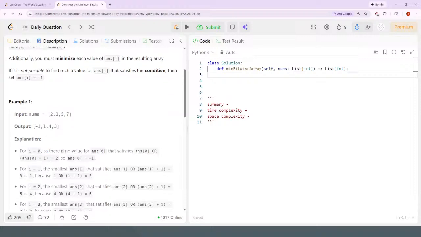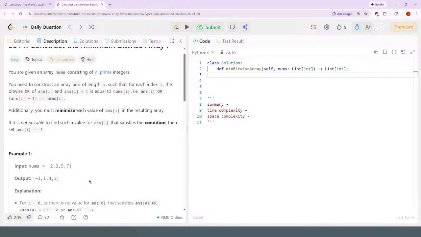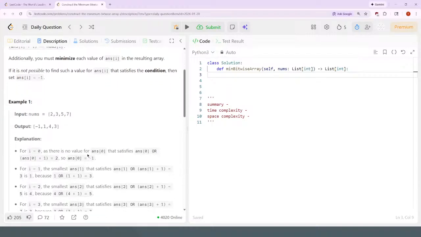There's no value for answer at 0 that satisfies answer[0] OR answer[0] plus 1 equals 2. So answer at 0 equals negative 1. I'm not sure why it wouldn't be possible. Like, what if you just said answer at 0 equals 2?